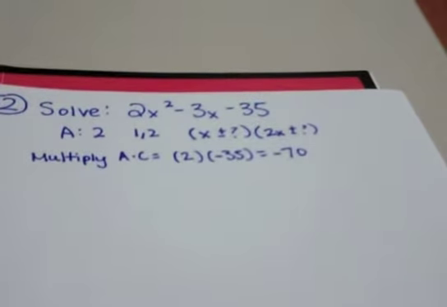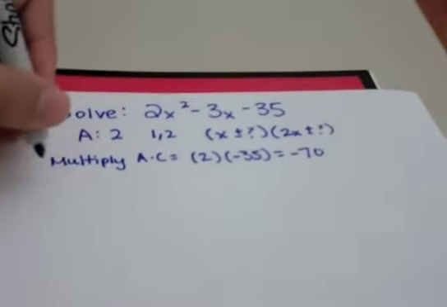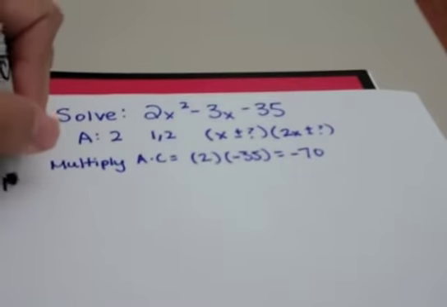Once we've done these first two steps, we solve pretty much like we were doing before. So we're going to find our factors of 70.